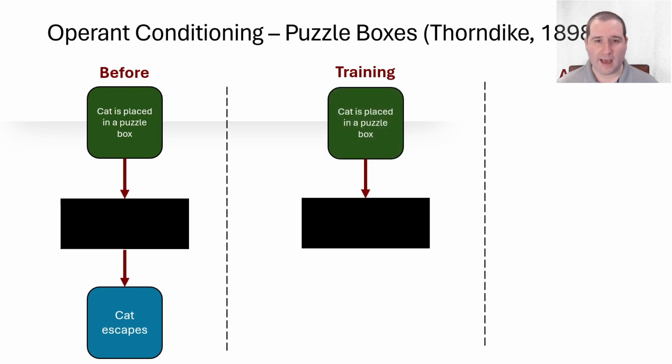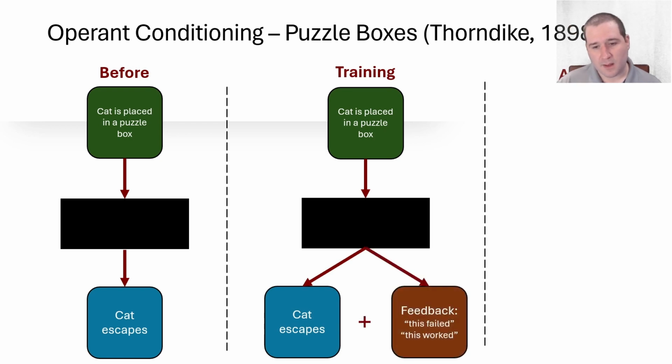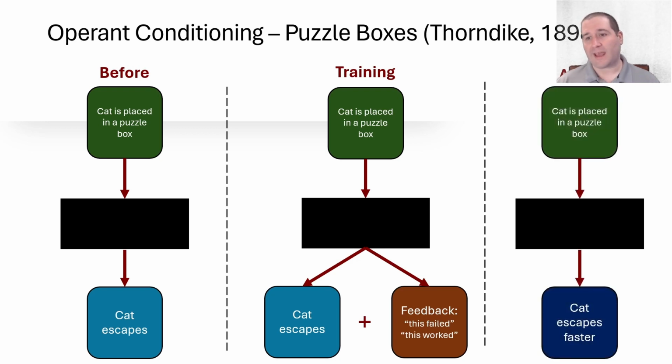As the cat had multiple attempts and multiple escapes, the cat is naturally going to figure out what failed and what worked, the different steps involved in escaping the puzzle. And after enough training, when that cat is placed in the box, he's going to escape significantly faster.